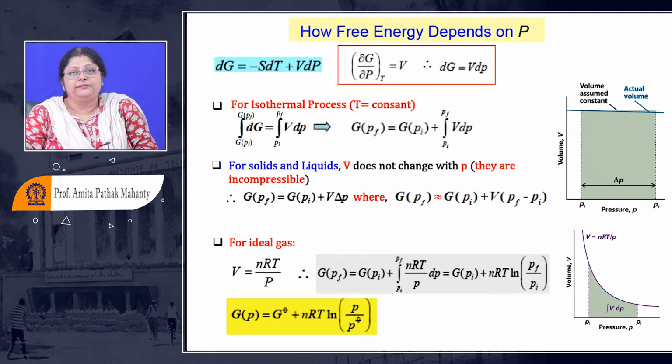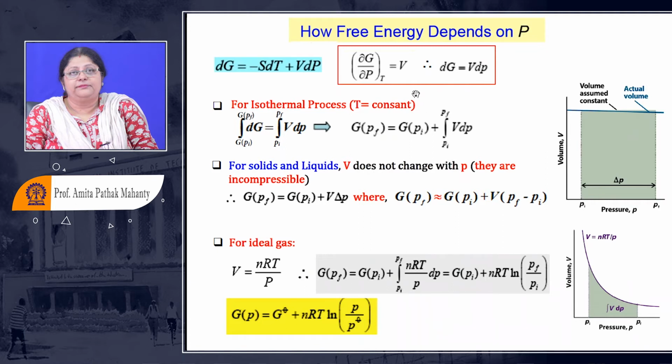I've written down the general expression of delta G change for any process carried out at constant temperature. From the fundamental equation, the change in G with respect to P at constant temperature is a measure of the volume. So I can rewrite that as change in G being equal to volume times the change in pressure. If the process is carried out very slowly and isothermally, I can integrate dG from the initial pressure to the final pressure and integrate VdP from initial pressure to the final pressure.